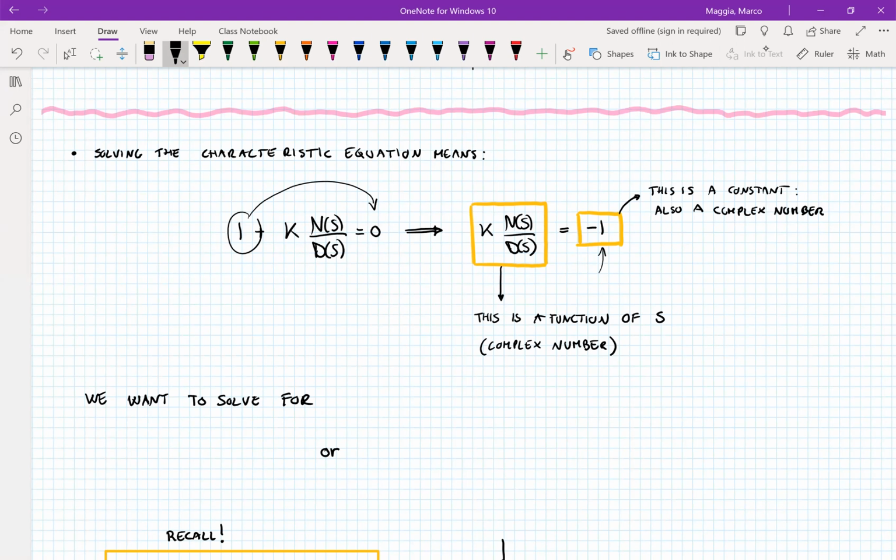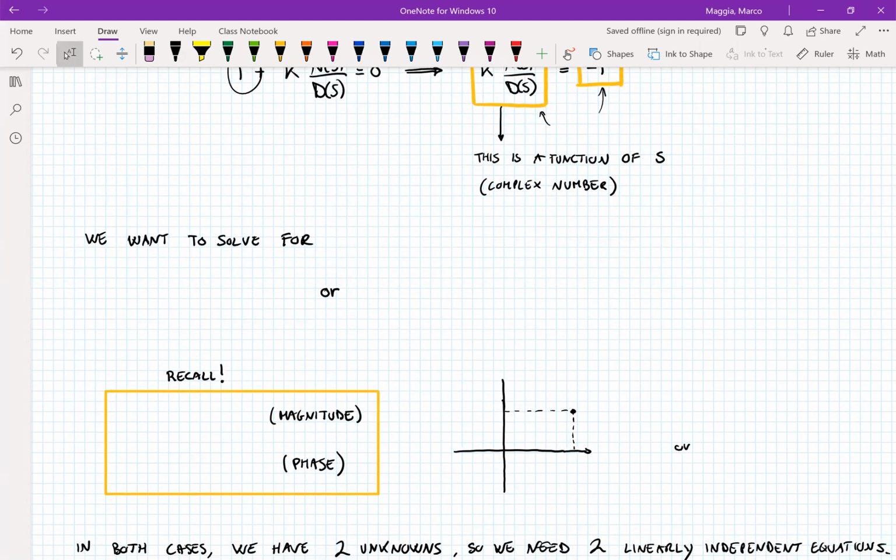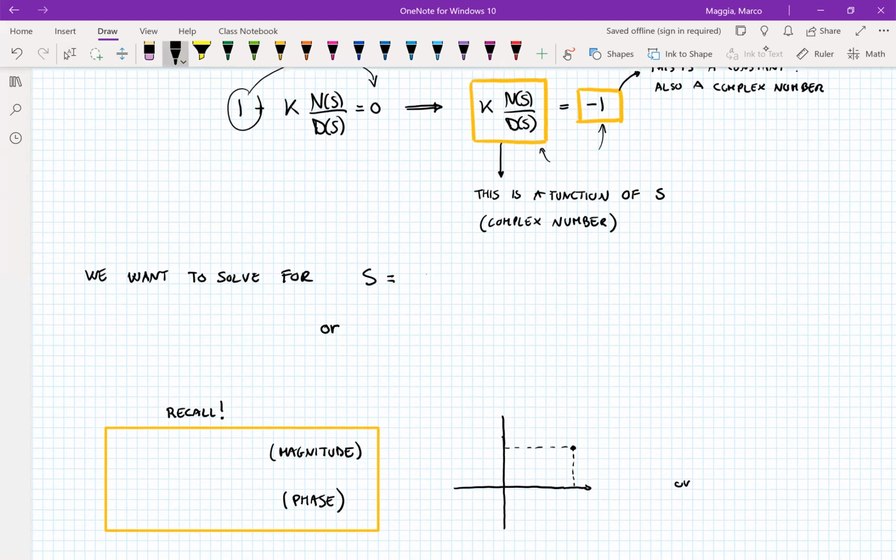So when you're equating two complex numbers, you're actually solving for two unknowns. And why is that? Well, that's because your solution s has a real and an imaginary part.